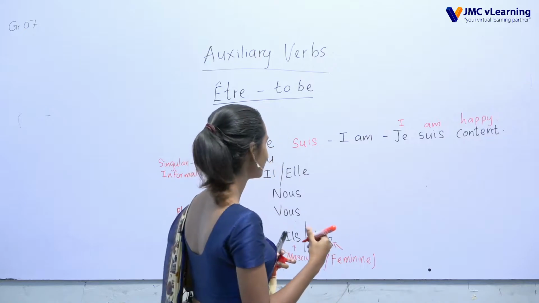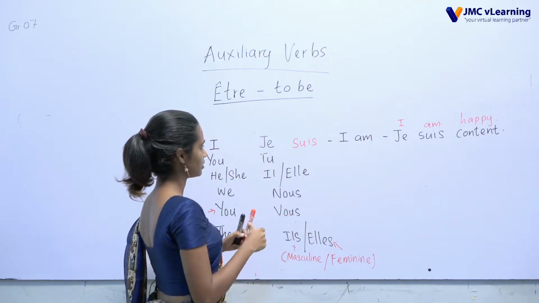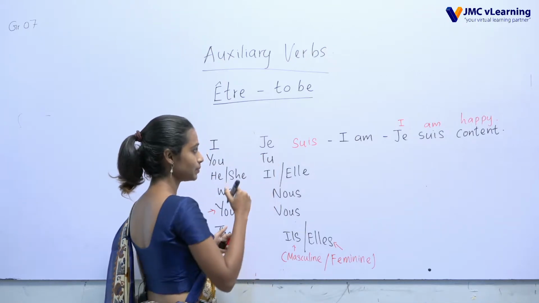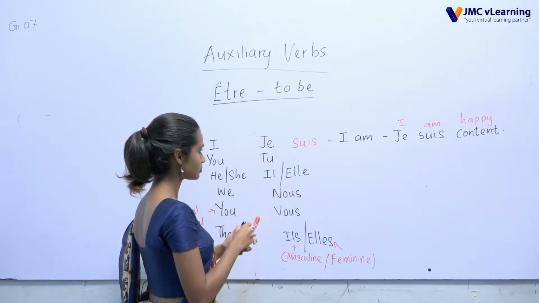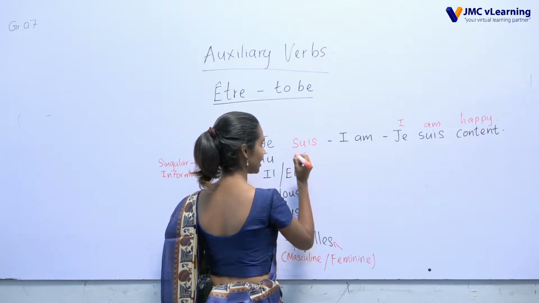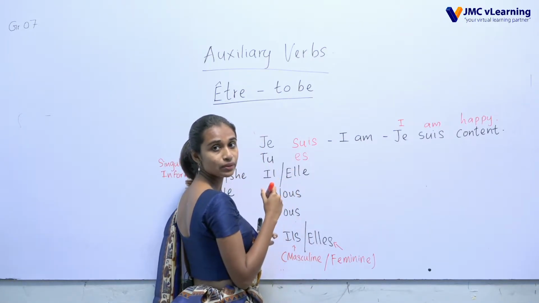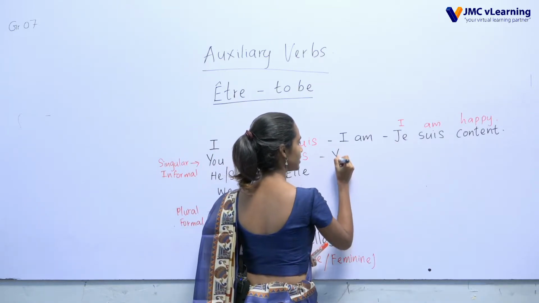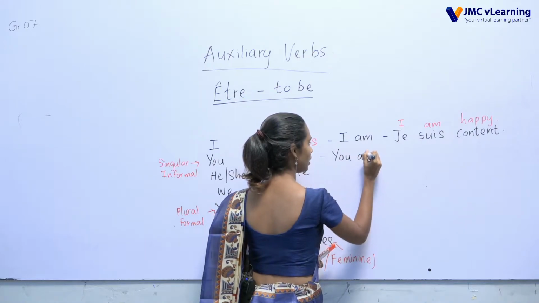Right? Okay. So when the être verb comes with tu, you conjugate it as tu es. What is it? Tu es, which means you are.